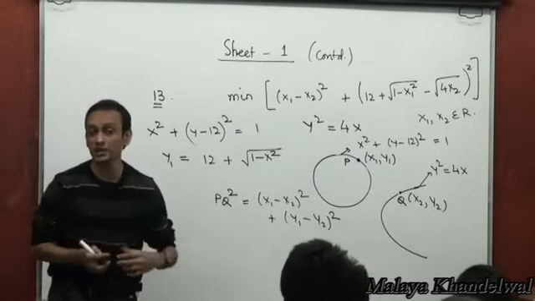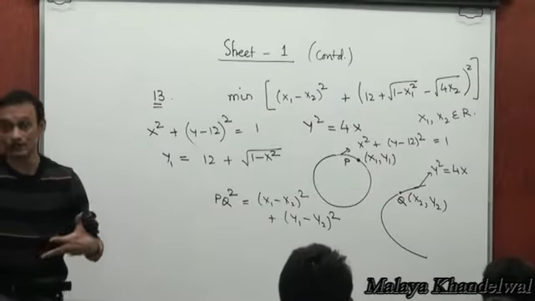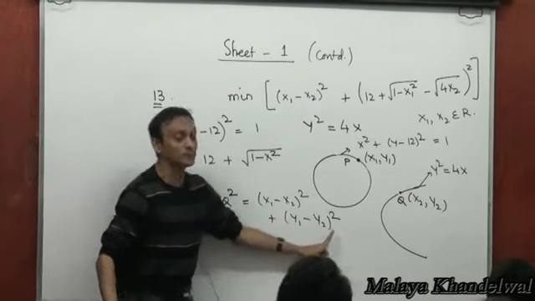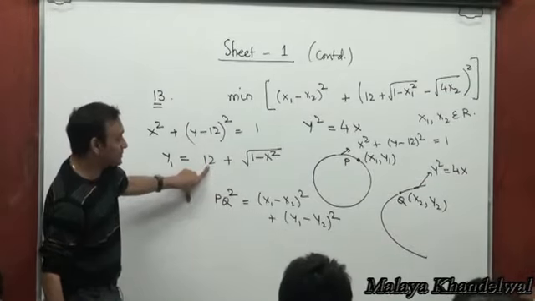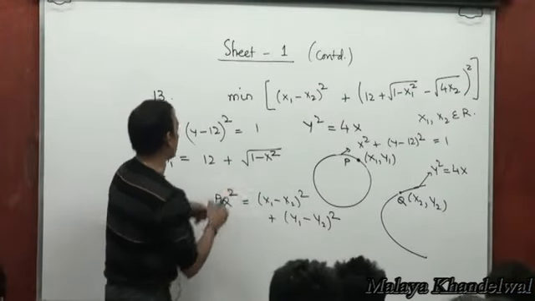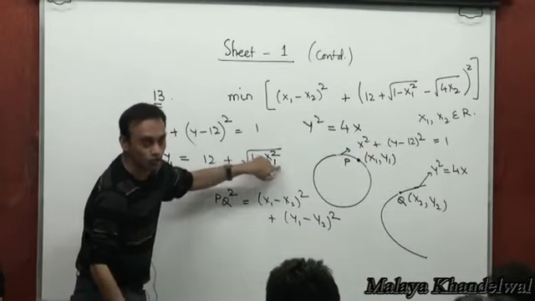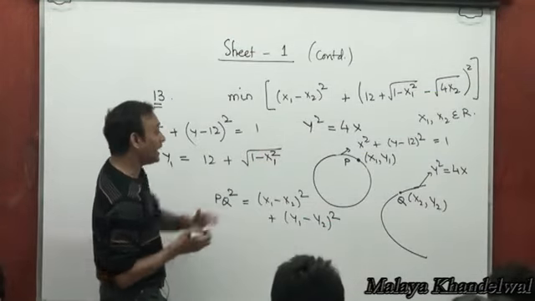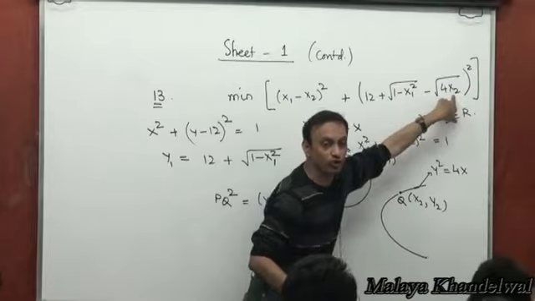That's the distance between any 2 points, one on the parabola and the other one on the circle, where the y1 on the circle would correspond to a given x1. The y1 is going to be 12 plus root 1 minus x1 squared, and on the parabola, the corresponding y2 for a given x2 would be root 4x2.